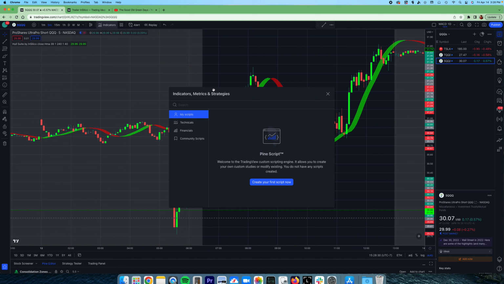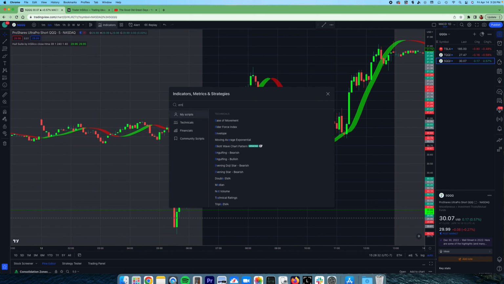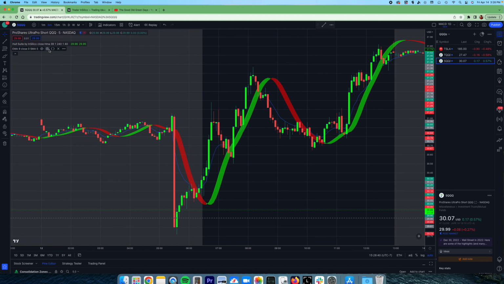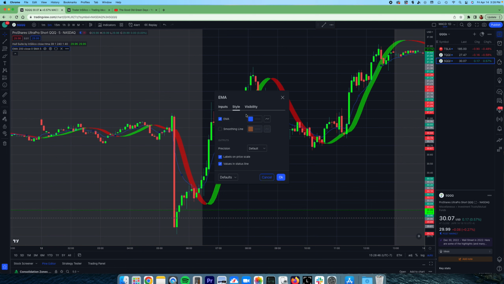I'll go over it in detail, but first you add the moving average exponential, the 200-day EMA. So then right here under settings, change the 9 to 200, and I like to make it yellow.